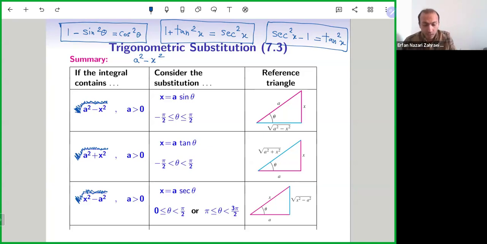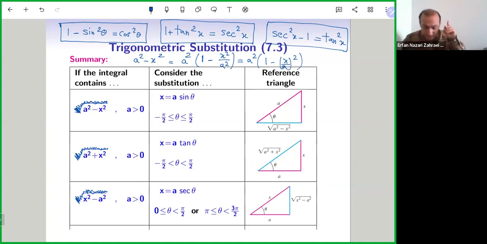To get 1, I factor out this extra constant that I have. I factor a squared. Then I have 1 minus x squared over a squared, which can be written as a squared times 1 minus, if I want to write this similar to this as something squared, that thing squared is x over a.